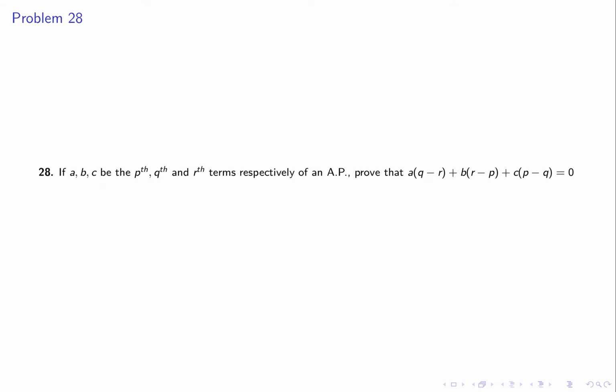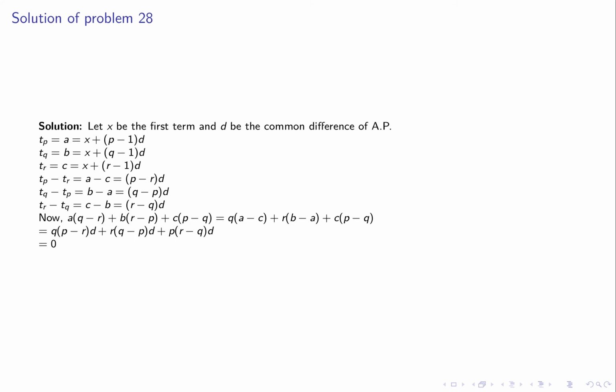Next problem says that if a, b, c are the pth, qth, and rth terms respectively of an AP, prove that a into (q minus r) plus b into (r minus p) plus c into (p minus q) equals 0. In this case, we assume that x is the first term and d is the common difference of the AP. So the pth term is a equal to x plus (p minus 1) into d.